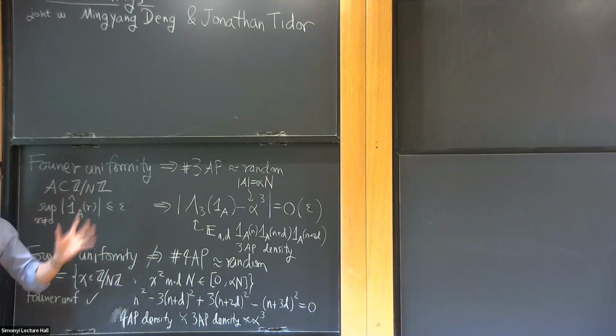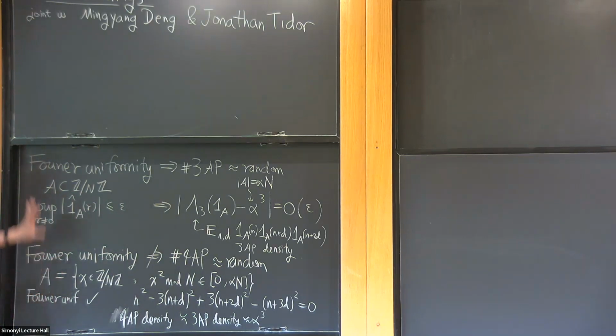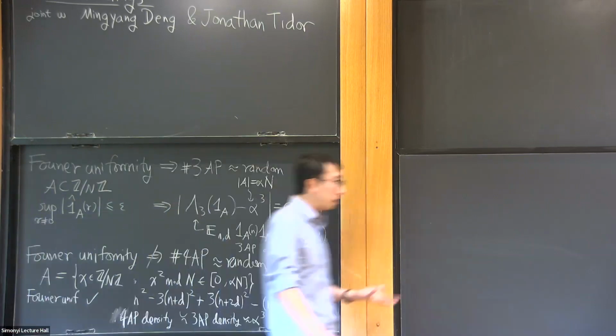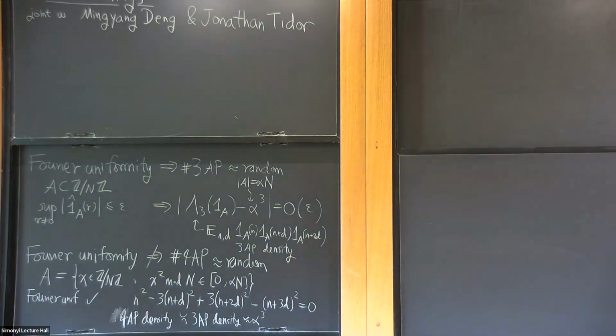You don't mind that there are more 4APs. You only are concerned if there are fewer than random 4APs. So while this is indeed problematic for the usual proof strategy, this counterexample is maybe somewhat disingenuous. It's maybe not the best example to illustrate why this strategy is necessarily doomed to fail.